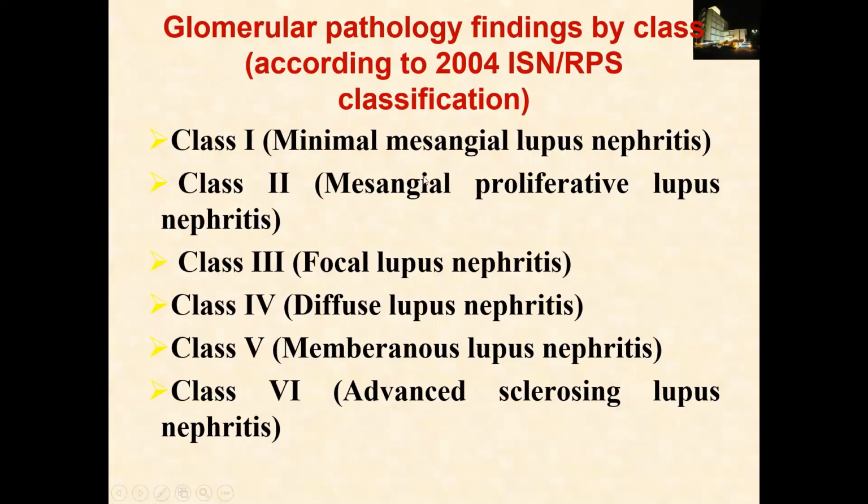Class 2 is mesangial proliferative lupus nephritis mimicking IgA nephropathy. Classes 3 and 4 are proliferative lupus nephritis: class 3 is focal and class 4 is diffuse. Class 5 is membranous lupus glomerulopathy. Class 6 is advanced sclerosing lupus nephritis with more than 90% of the glomeruli globally sclerosed, and this is a stage of end-stage renal disease.